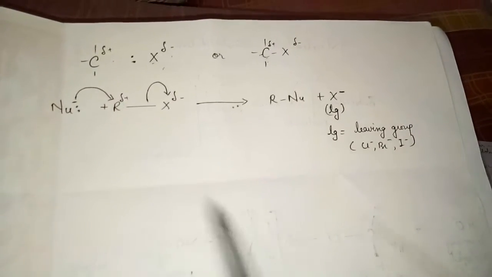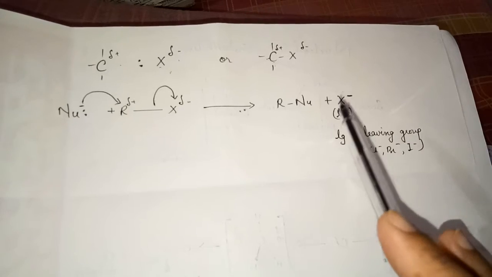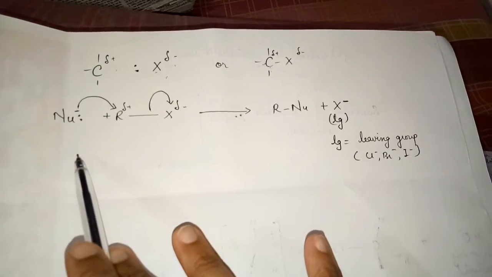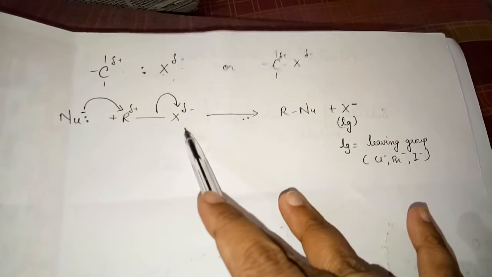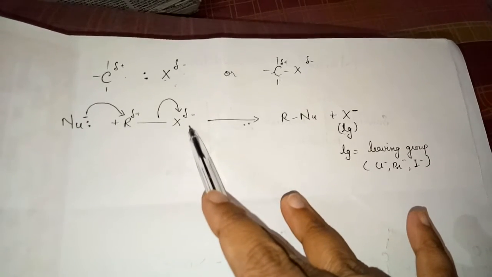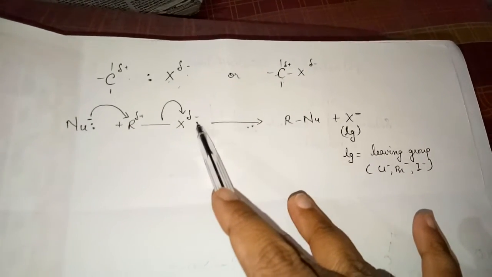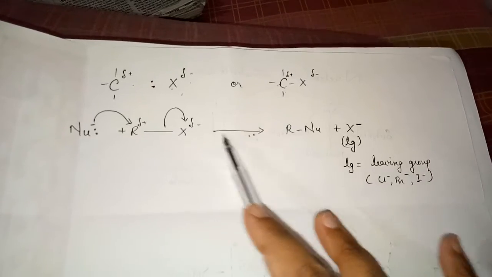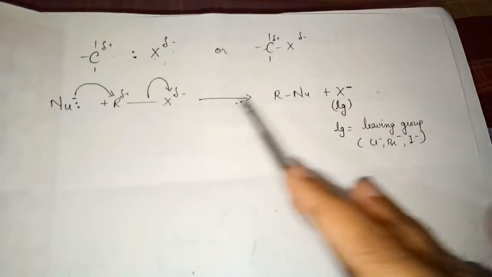Hence, such type of reactions in which a stronger nucleophile displaces a weaker nucleophile, or you can say halogen or halide ion, is known as nucleophilic substitution reaction.